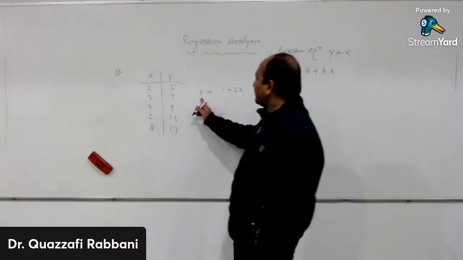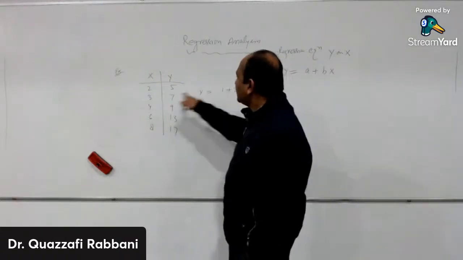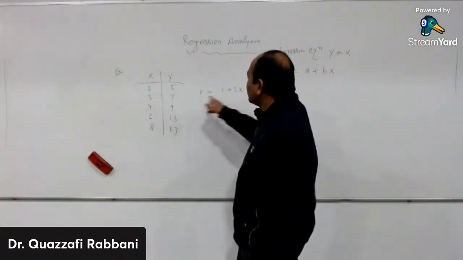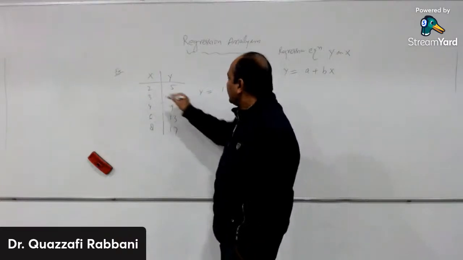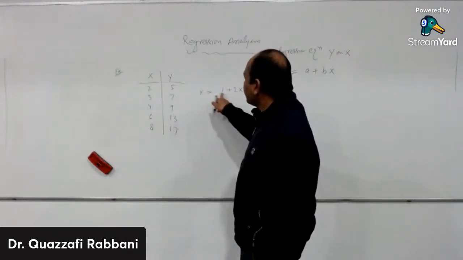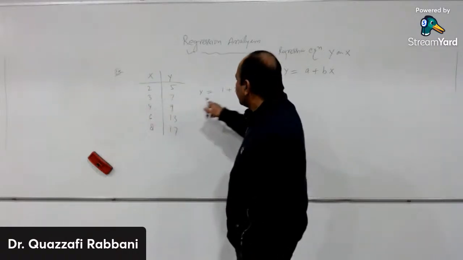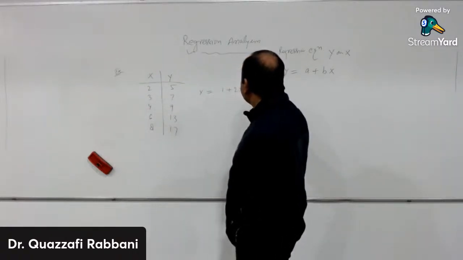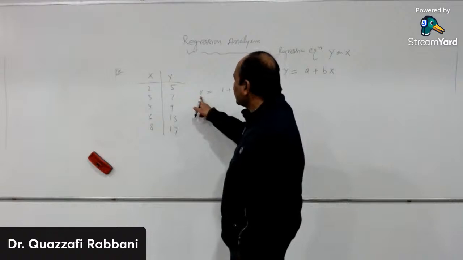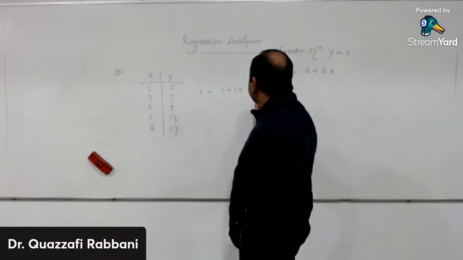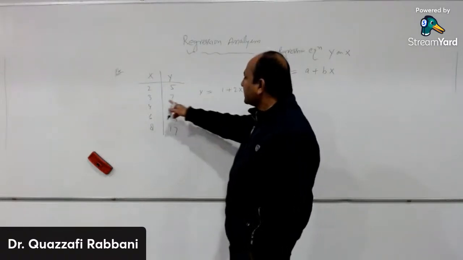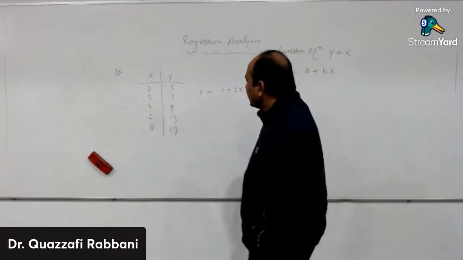If you take x is equal to 2, then you will get 2 into 2 plus 1, which is 5. Take x is equal to 3, then you will get y is equal to 7.